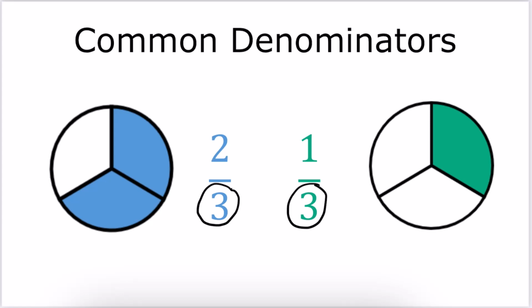And in 2/3, we have 2 of those pieces shaded, and in 1/3, we have 1 of those pieces shaded. And so that tells us that 2/3 is the bigger fraction because you have 2 of the pieces compared to just having 1 of the pieces.